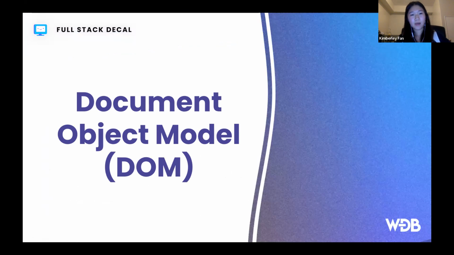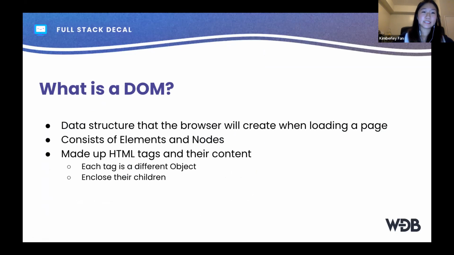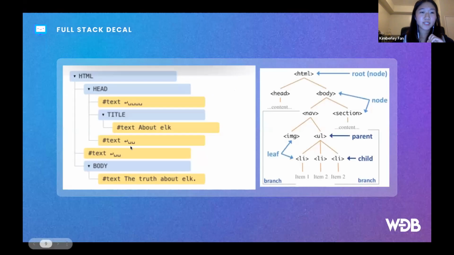So let me talk more about what the document object model is. The abbreviation is DOM. This is basically a data structure. Just like anything you learned in 61B, if you take that class, it's a whole data structure on its own, but it kind of gives the impression of a tree structure. I can show you an image. So this is how the DOM looks right here.